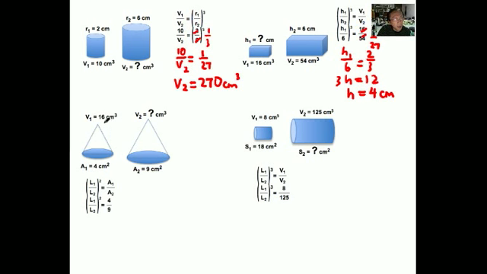In the next example, we need to find the volume, but we are given the corresponding areas. We need to find the lengths in order to get the ratio of volumes. Thus, we begin by working out the ratio of lengths from the ratio of areas. We have L1 over L2 is 2/3.